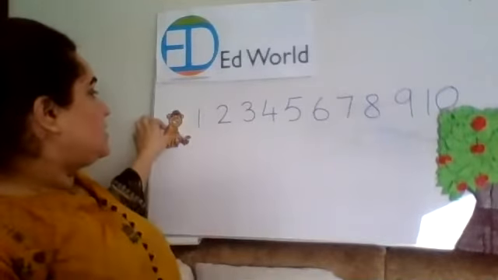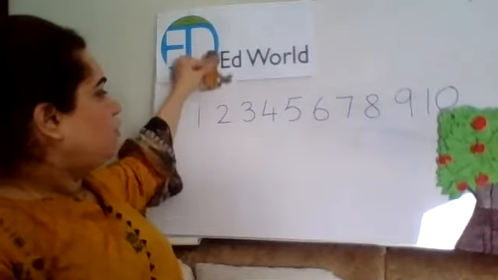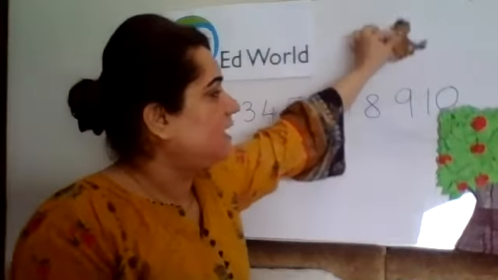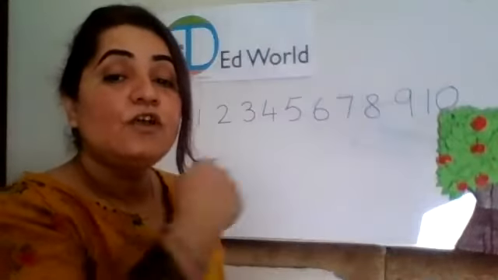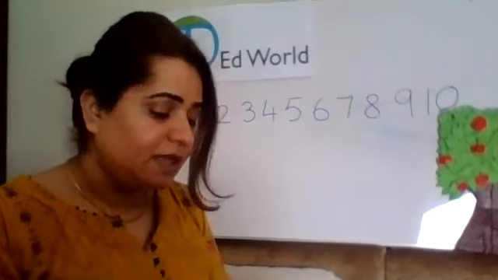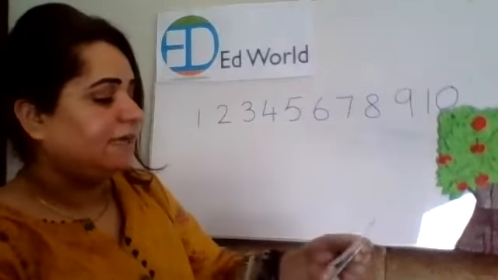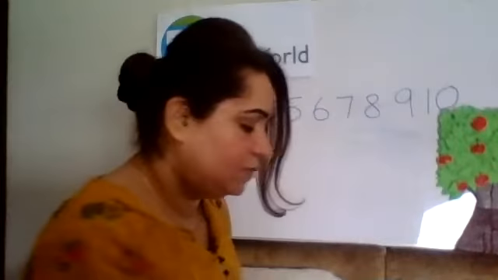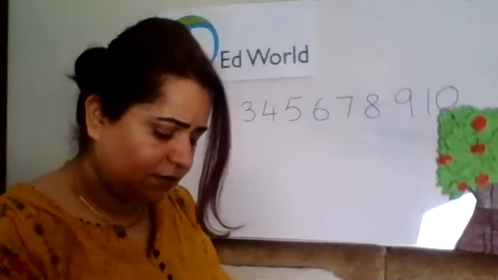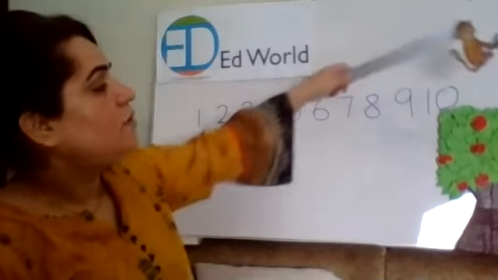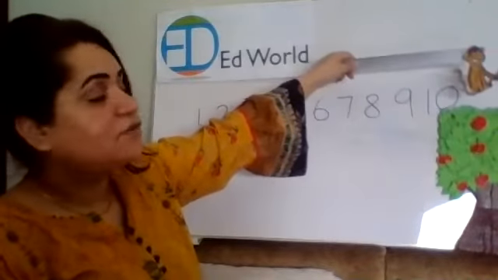So he goes from 1, 2, 3, 4, 5, 6, 7, 8, 9, 10. That was the forward counting. And when he came back from 10, right? Let me just paste it over here. Okay, so he was here and then he has to come back.